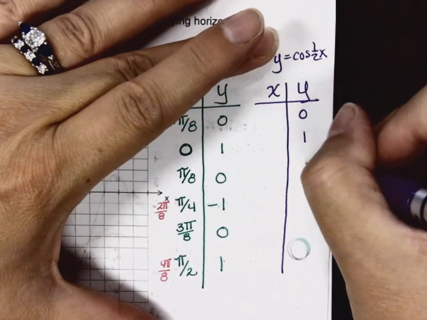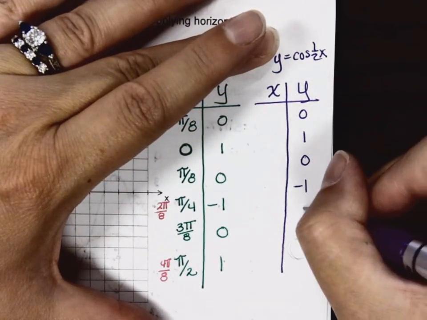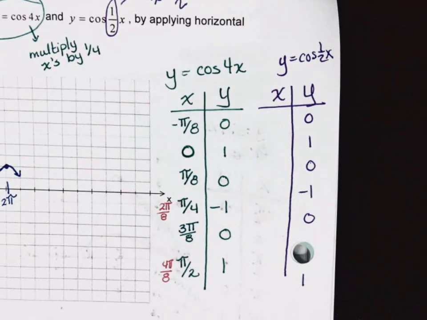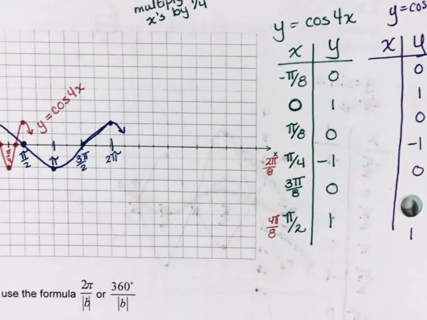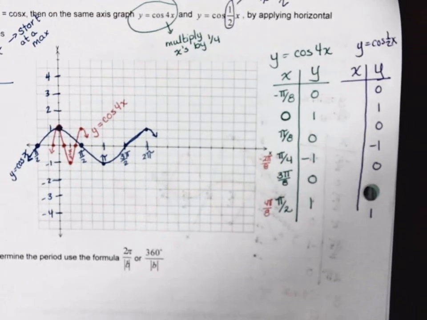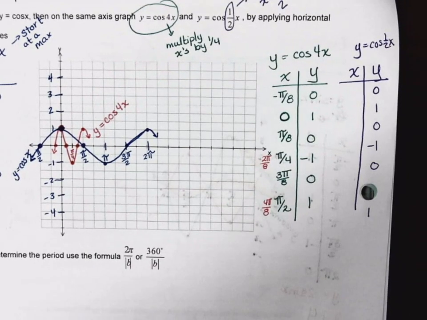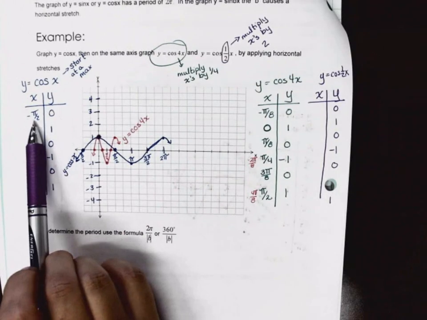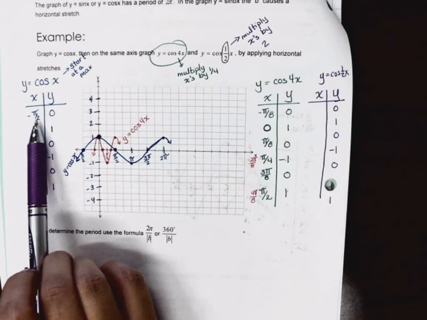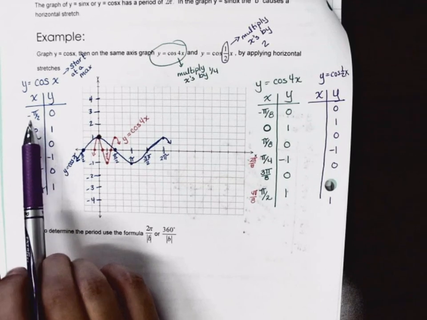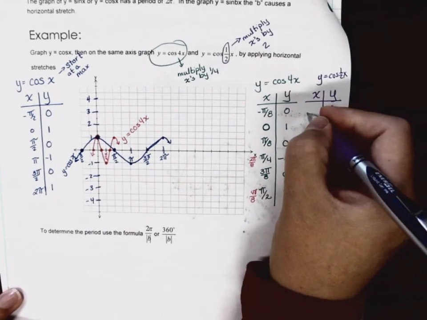So 0, 1, 0, negative 1, 0, 1. Sorry, I'm just avoiding the hole in my paper. We're going to go back to the original table and multiply our x values by 2. Negative pi.